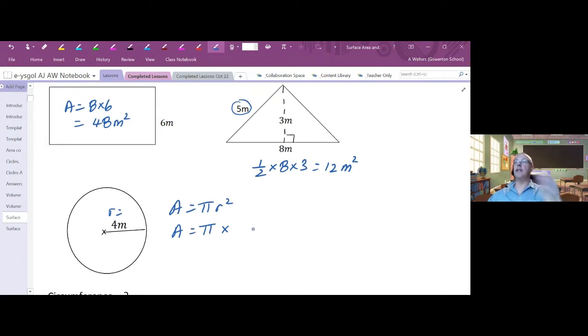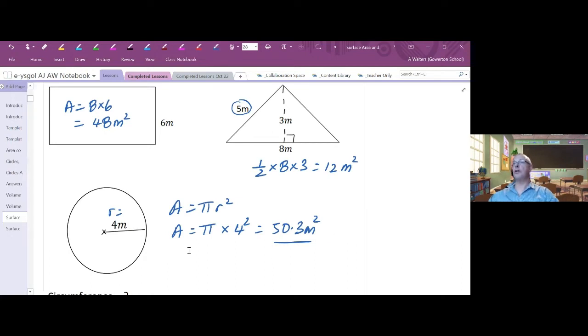Sometimes you're given the diameter. We are given the radius in this case, so 4 squared, and you work that out to be, to 1 decimal place, 50.3 meters squared, which I've got on a sheet of paper here that you would have to tap out on a calculator. Okay, so we're going to use those skills today.